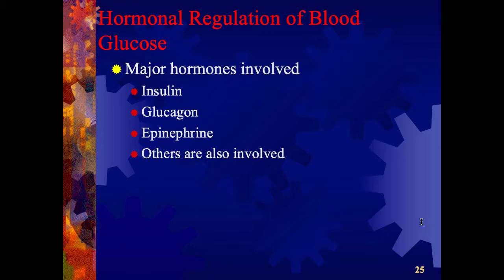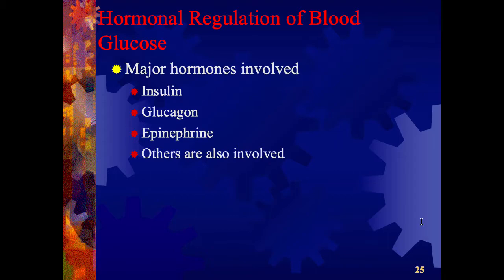Increases it, right? Epinephrine is released during stress, mostly physical activity. As soon as a person starts exercising, epinephrine goes up. It basically provides fuel to support the physical activity. What's another name for epinephrine? Adrenaline. Where's it made? Adrenal glands. Yep. Norepinephrine's a little bit different. We're talking about epinephrine.